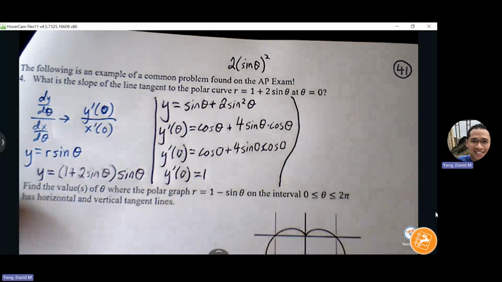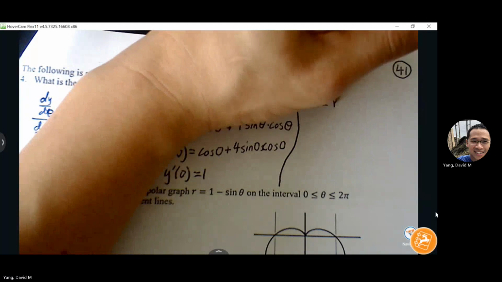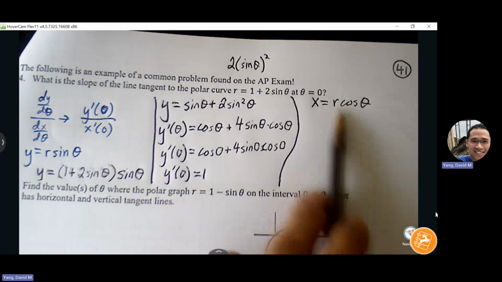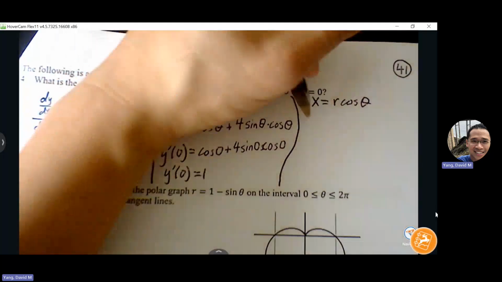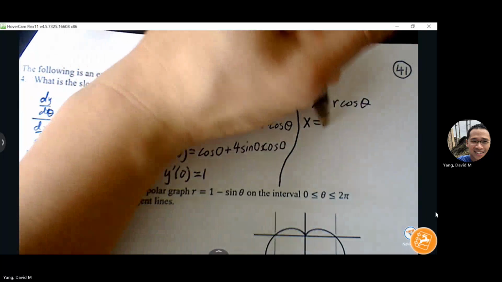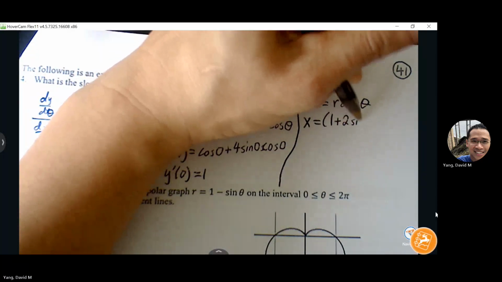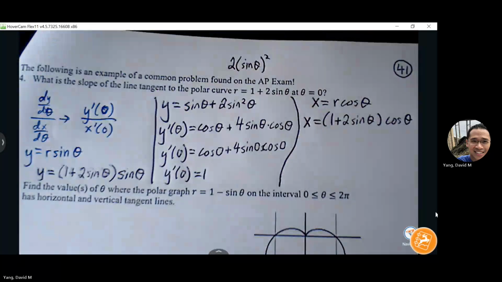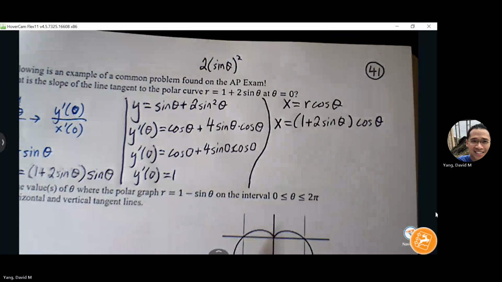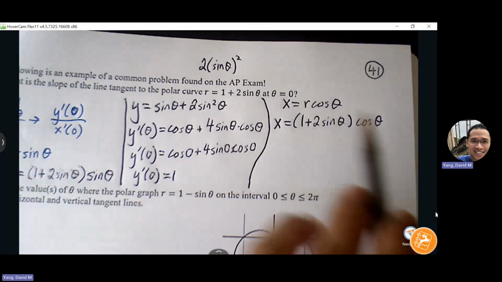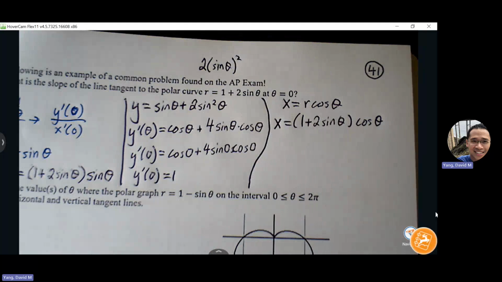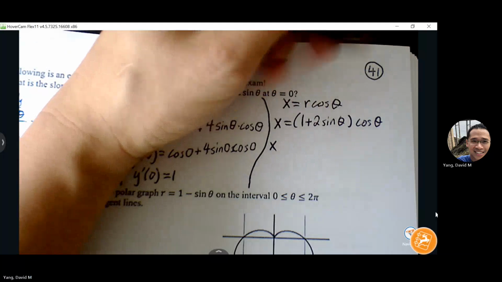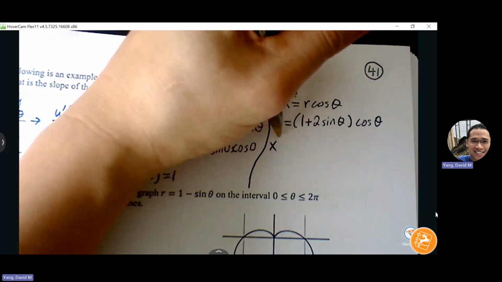x is r cosine theta. I'm going to replace r so I can just get everything in terms of theta and then just worry about how to find the derivative from there. You can distribute through and then do product rule, or do product rule here. So it's up to you. Let me see. I'm going to just go ahead and do product rule here.